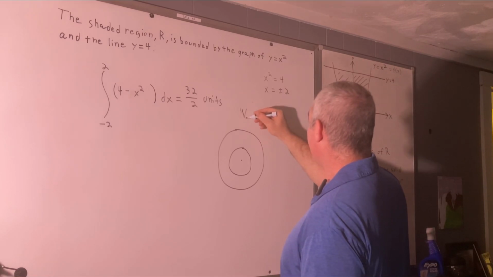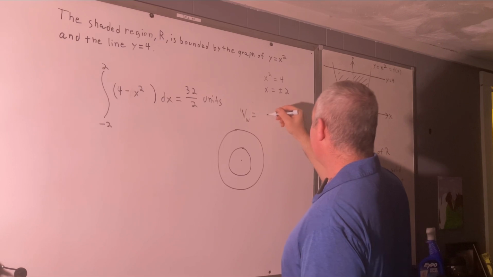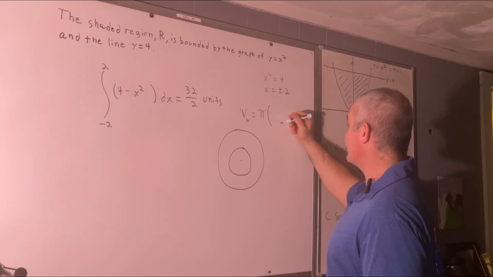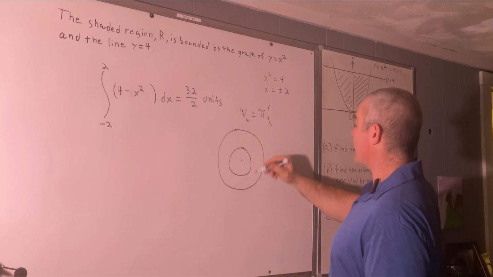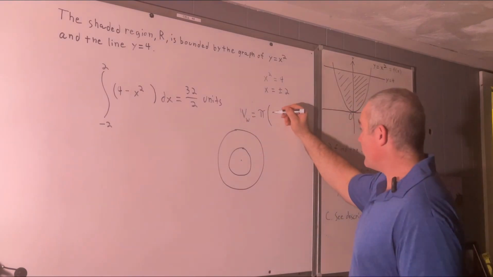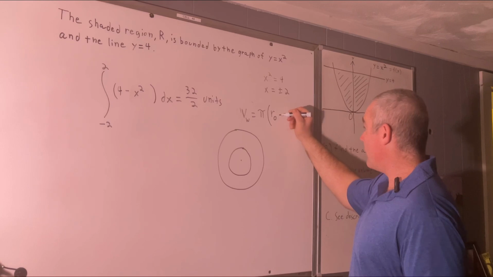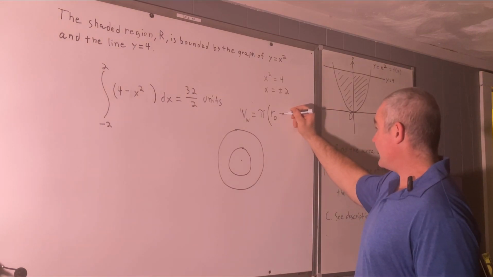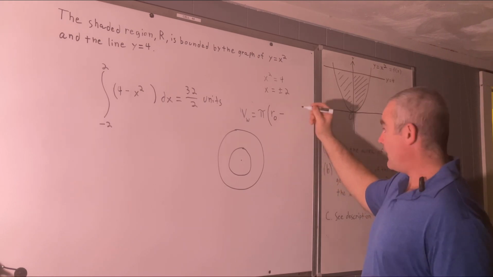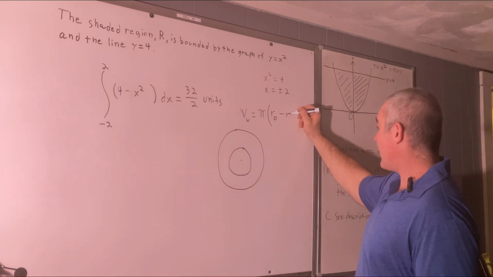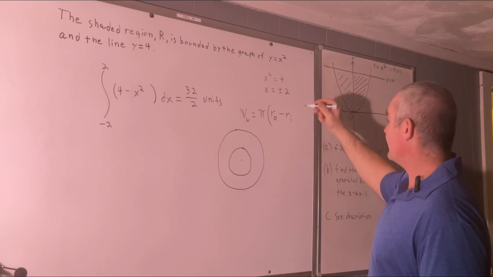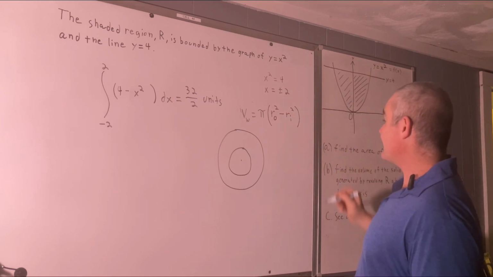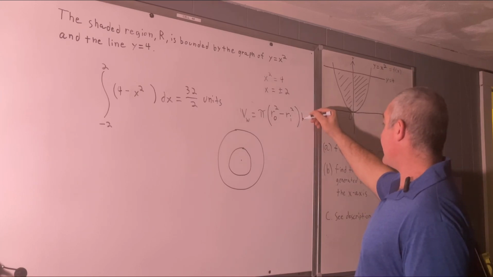The volume of a washer is given by pi times the outer radius, we'll call that r sub o, minus the inner radius, we'll call that r sub i, squared, and then times a height.